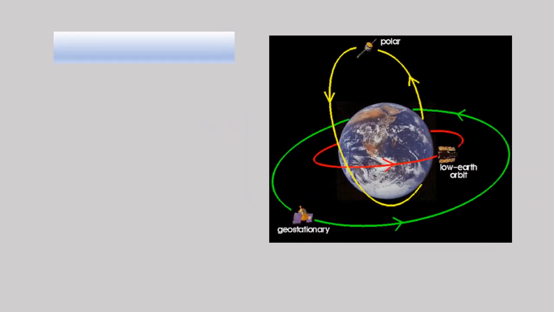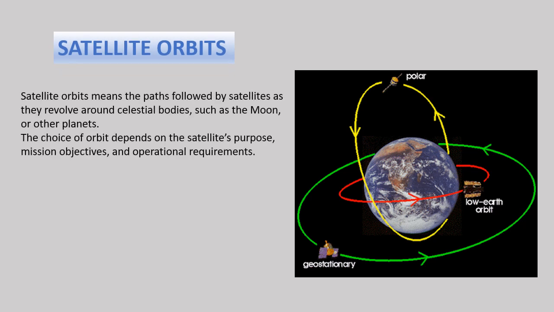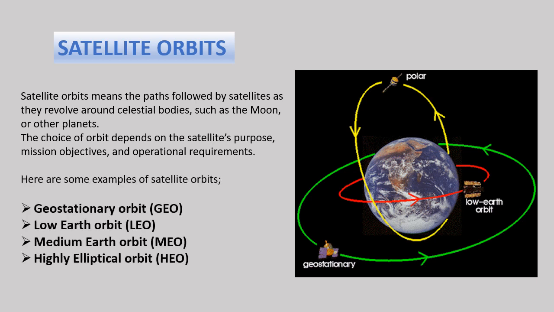Satellite orbit simply means the path followed by a satellite as it revolves around a celestial body, such as the moon or another planet. The choice of orbit depends on the satellite's purpose, the mission objectives, and operational requirements.